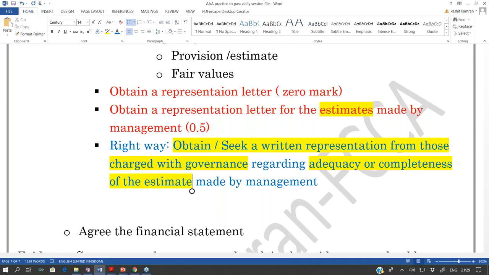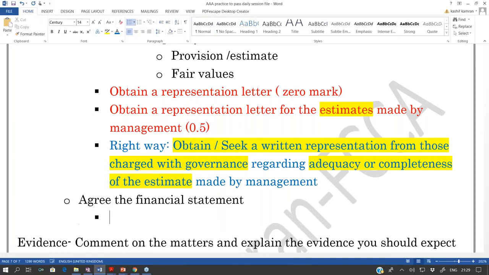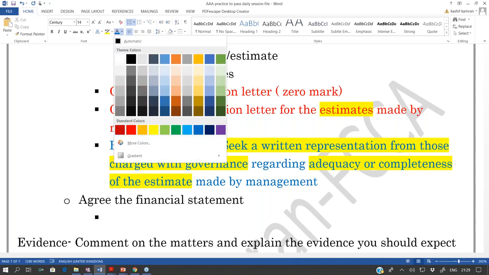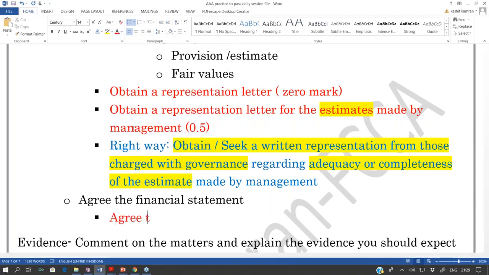Okay, let's take the last one. Agree the financial statements, which is yet another very common procedure students use in the exam paper. Now, when you say agree the financial statements, again, if you just write a blank statement in the exam paper, this will score 0 marks.